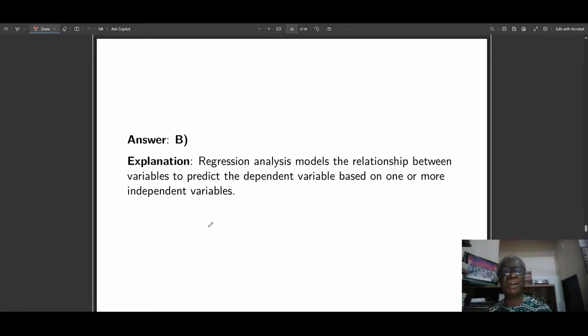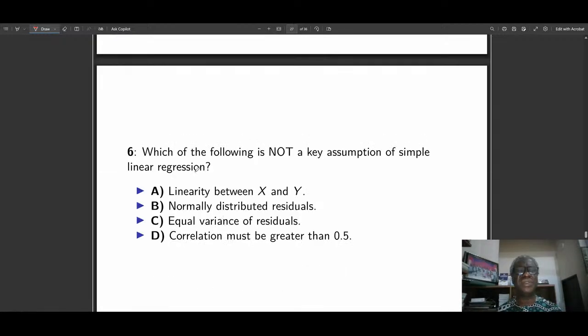Okay, so question 6. Which of the following is not a key assumption of simple linear regression? This may be technical. We didn't discuss this much, but I expect that you should know. The key assumption actually is that there is a linear relationship between x and y.